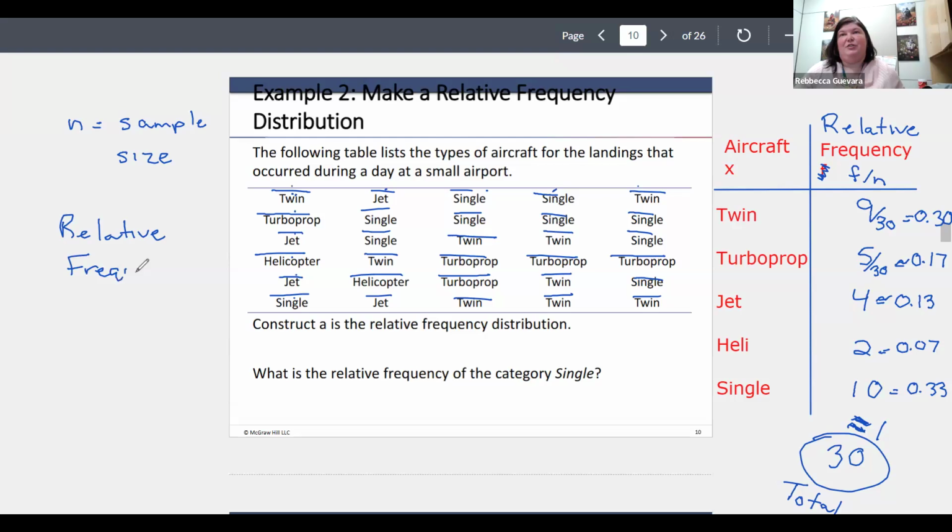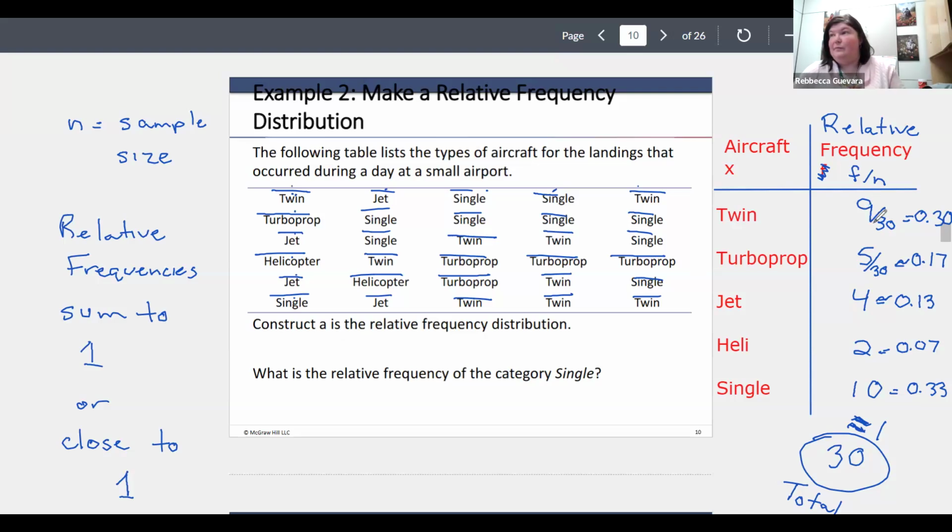These are just ways to check and make sure you did everything correctly. Rounding, sometimes it's going to be not exactly 1, but it should be pretty close to it if you did everything right. We constructed the relative frequency distribution.